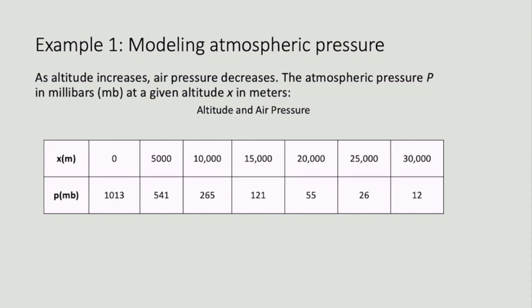As you can see, as the altitude increases, we go from 0 to 5,000 meters to 10,000 meters to 15,000 meters, etc. Look what happens to the atmospheric pressure. It decreases. So it goes down. It starts at a little over 1,000, and it starts to go down pretty rapidly.